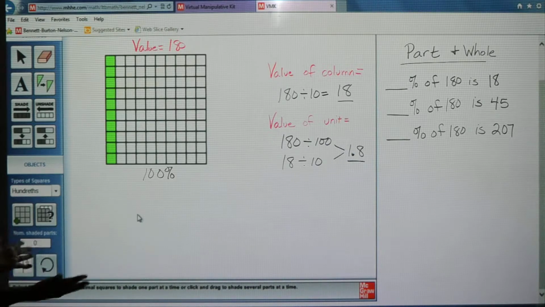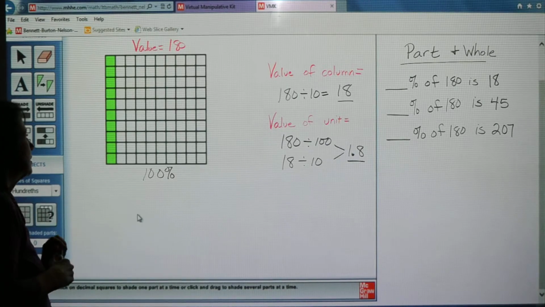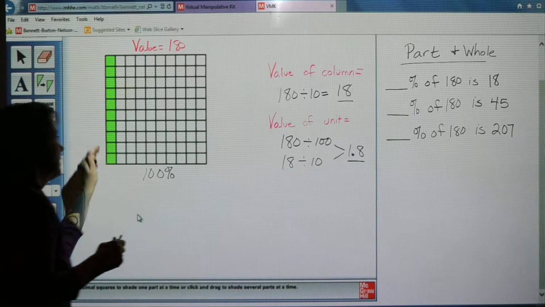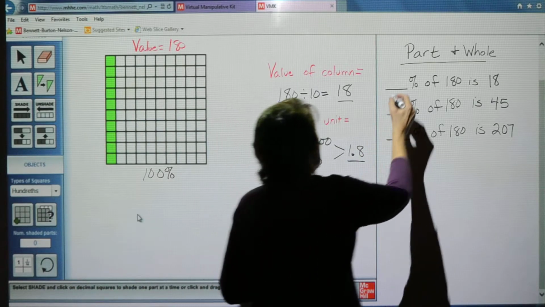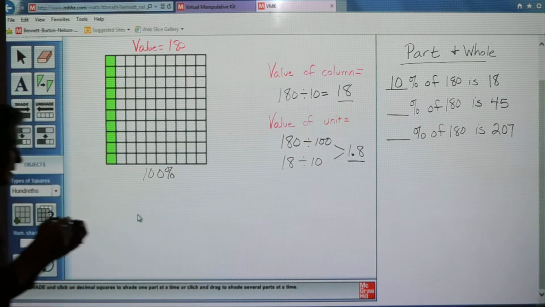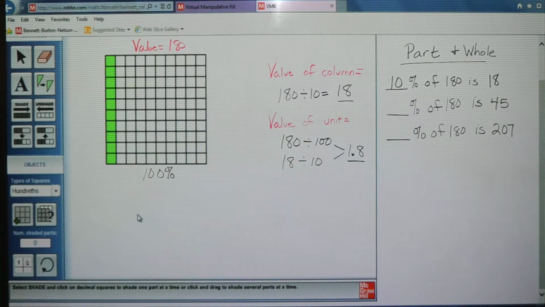So, now I've got it colored in. This is my answer. What percent is that? What part of this whole 100 is colored in? Well, 10 blocks out of 100 is colored, where the answer is 10%. 10% of 180 is 18. Okay? That was too easy. Can't stop there. Got to make it a little bit harder.